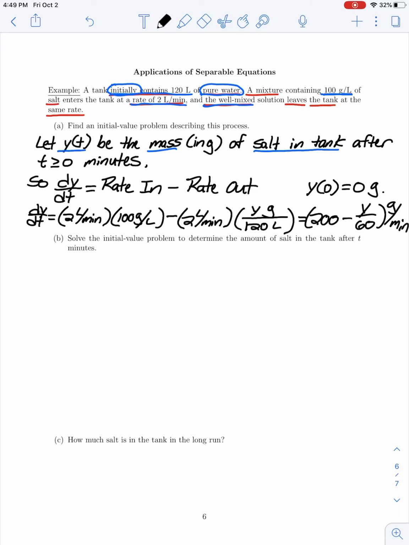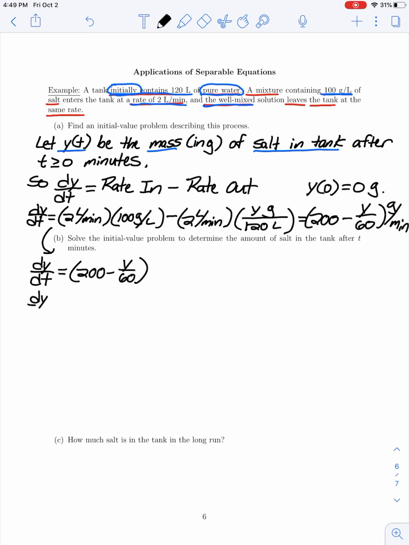Now, once we have this differential equation, in part B, we are asked to solve this initial value problem that we found in part A and determine the amount of salt in the tank after t minutes. So using the differential equation that we had in part A, we found the derivative of y with respect to t was given by 200 minus y over 60.